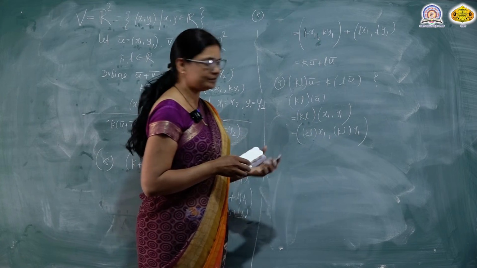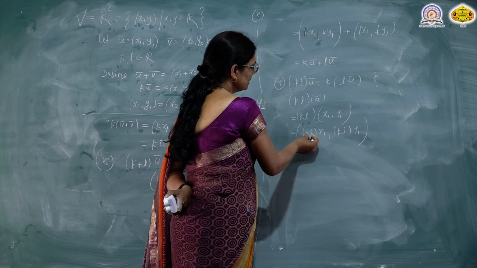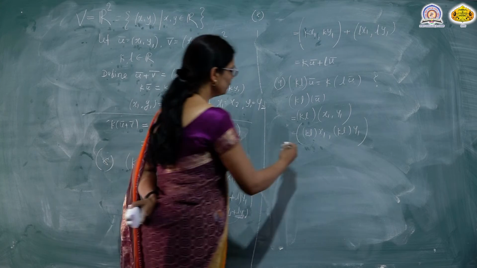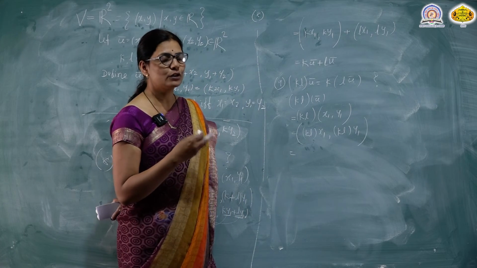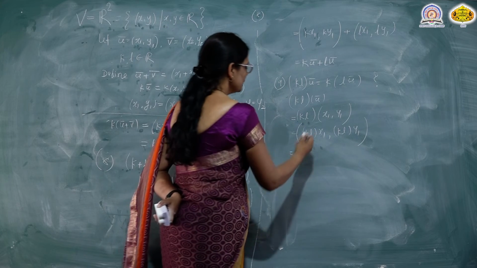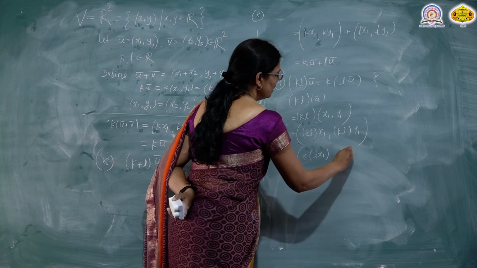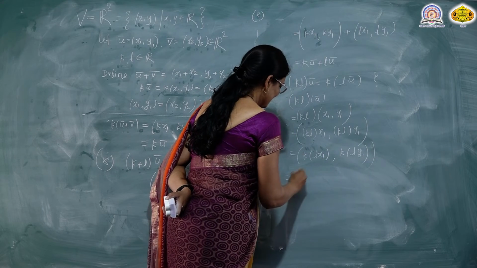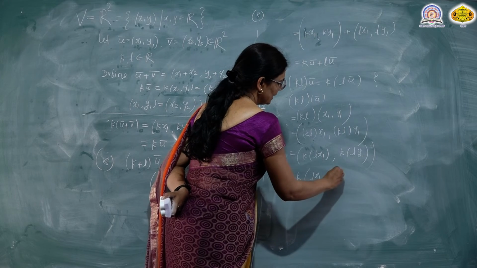So use the definition of scalar multiplication. All the numbers present here, K, L, x1, y1, are real numbers. So use the property of real numbers. Multiplication of real numbers is associative. So this can be written as K times Lx1, comma, K times Ly1.